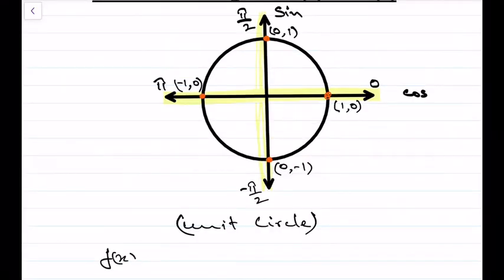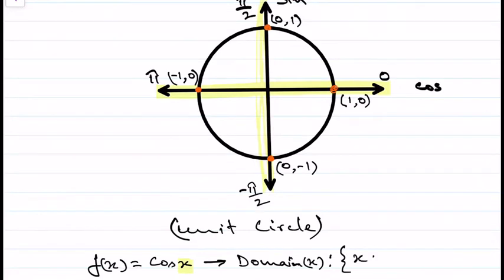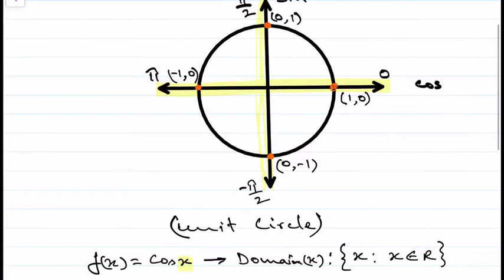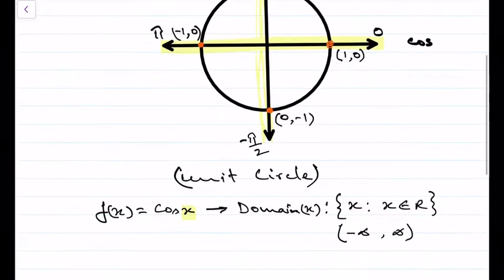So let's first take the function f(x) = cos x. As we can see, x could be any real number. So the domain for cos x is any real x, so the domain will be minus infinity to plus infinity.